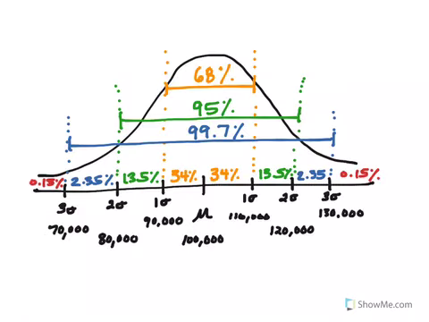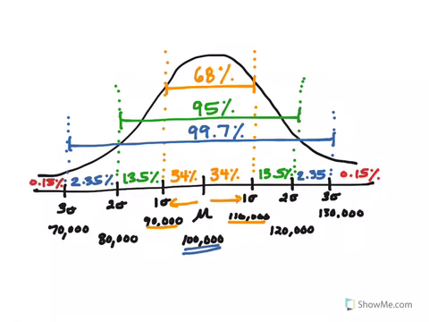110,000. So if we move over and look at our empirical formula here, our normal distribution, and applying the empirical formula, we see that this middle number, our mu here, our mean is 100,000, and it was interested in from 90,000 to 110,000, which we see is just one standard deviation to the left and one standard deviation to the right.